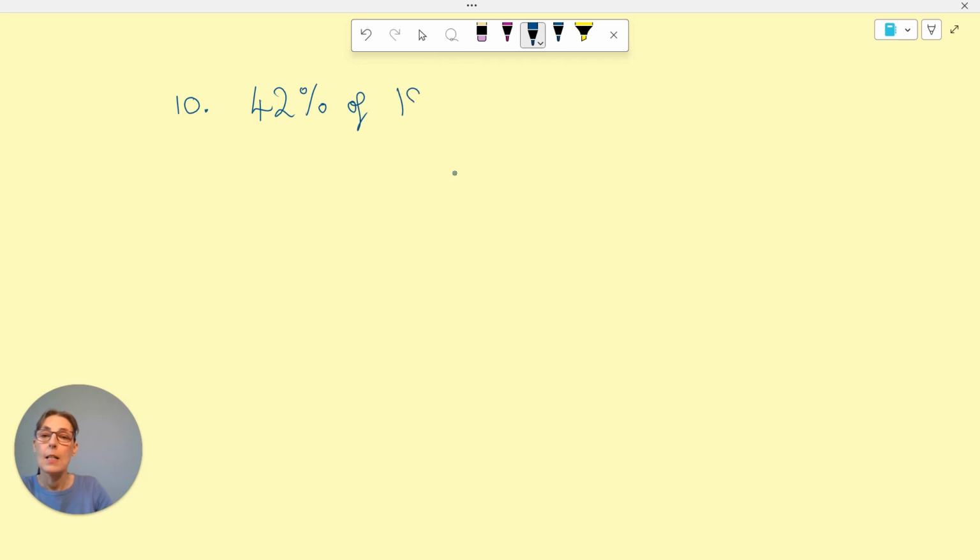Now you'll like these because we're going to use the calculator. So 42% is the same as saying 42 hundredths, isn't it? And remember that line means divided by, so that means 42 divided by 100.